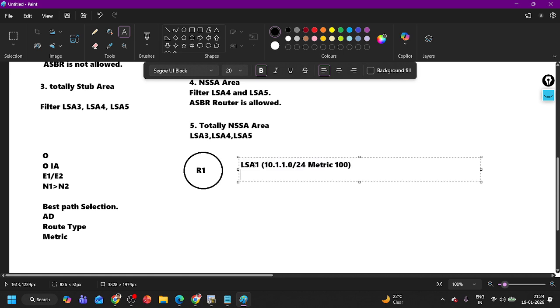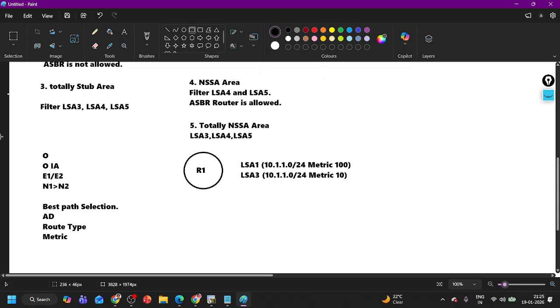It is also learning the same prefix in the form of LSA3, 10.1.1.0/24, and here the metric is, let's say, 10. So which route will the router prefer? Based on metric? No. Based on route type. Here is the OSPF best path selection: you can see AD value, then route type, and then metric.